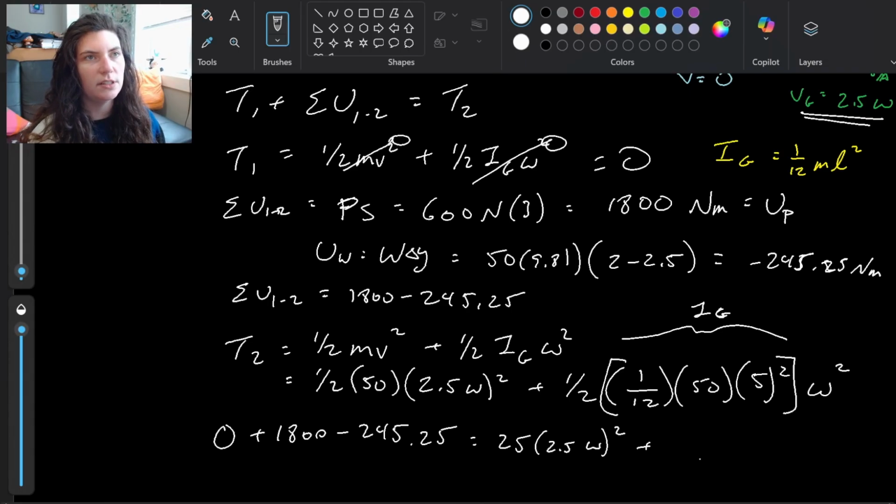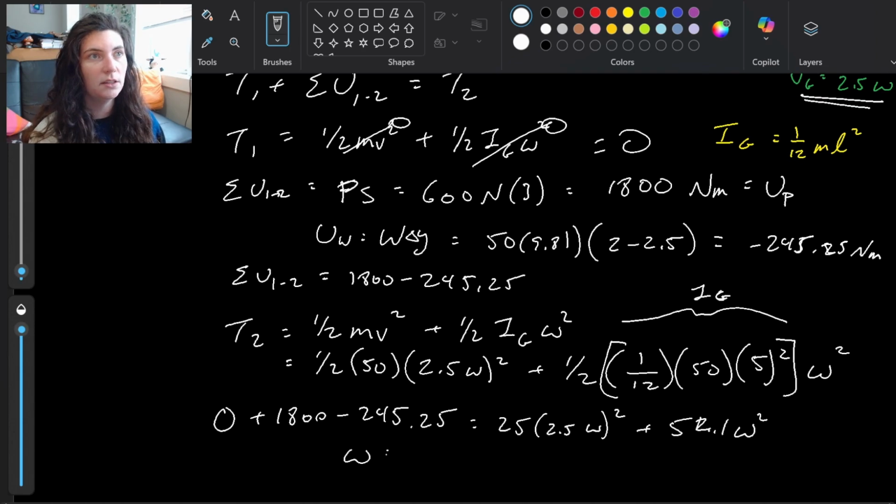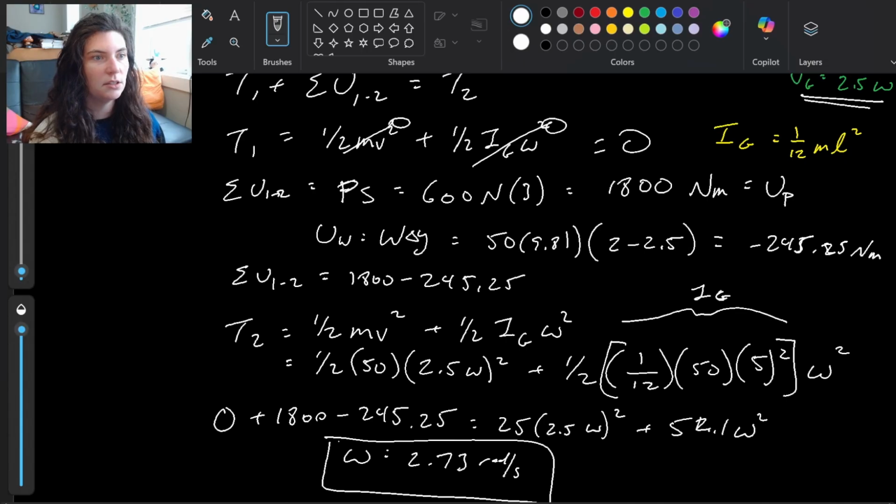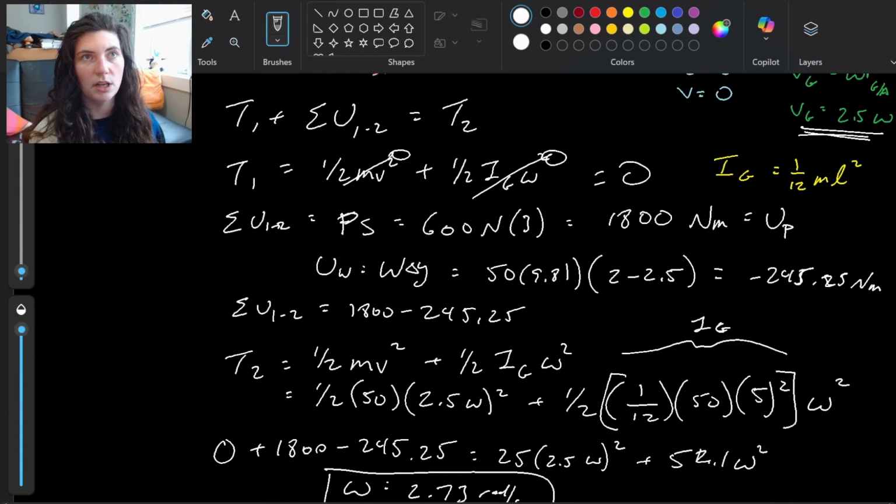If I punch all of this into a calculator, I get 52.1 times omega squared. Then I can simplify that to solve for omega, and I get our angular velocity is 2.73 radians per second. So that's our final angular velocity when that rod reaches the vertical position. And if we wanted to, I could come back up and calculate what the actual linear velocity Vg is.